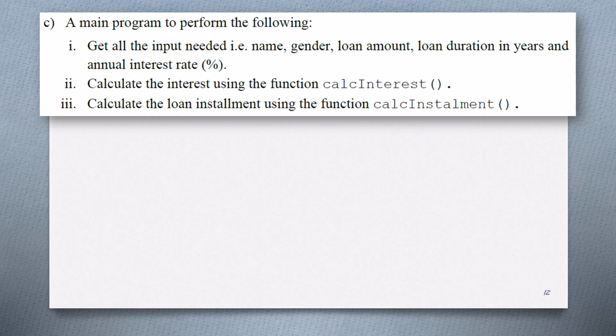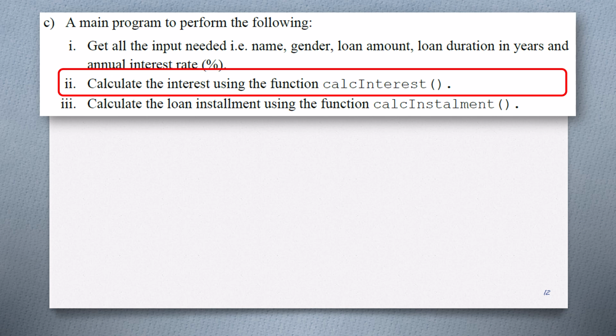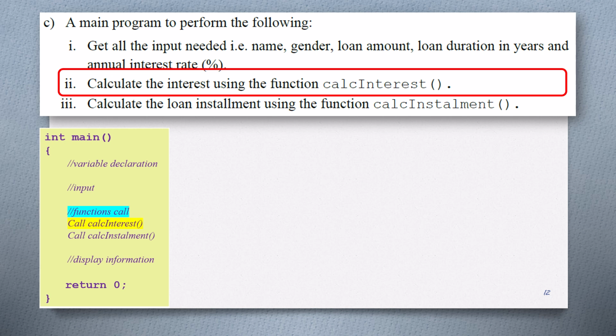Next. So next one is to calculate the interest using the function called interest. Here you have to call the function because we have defined the function earlier. So just call the function and then send appropriate values.